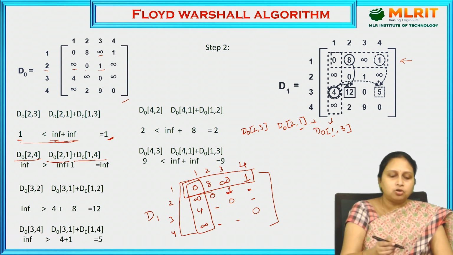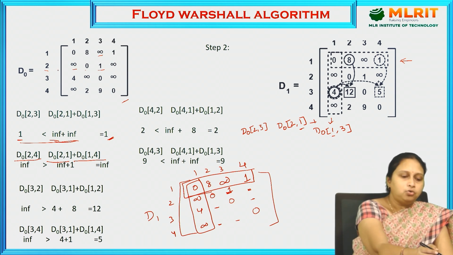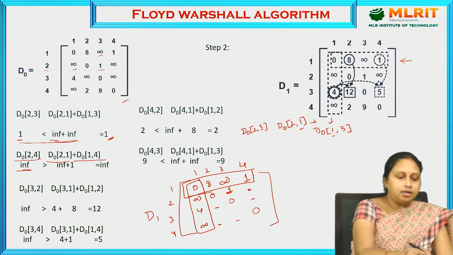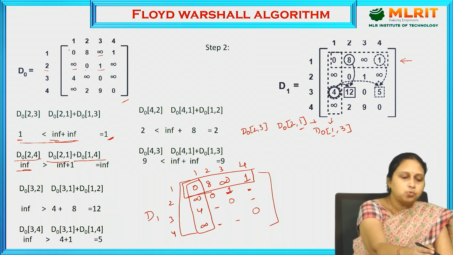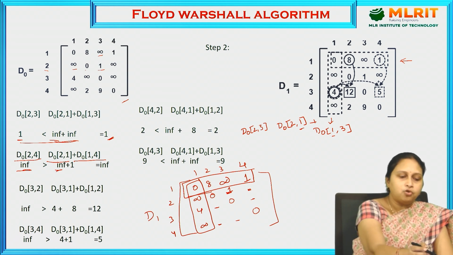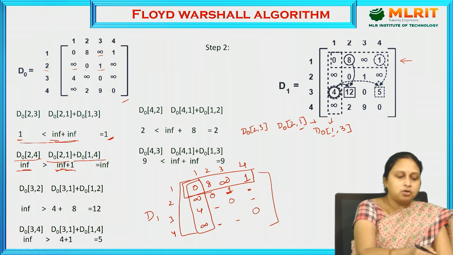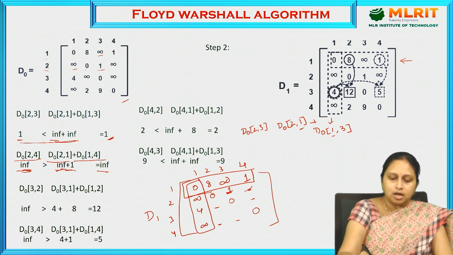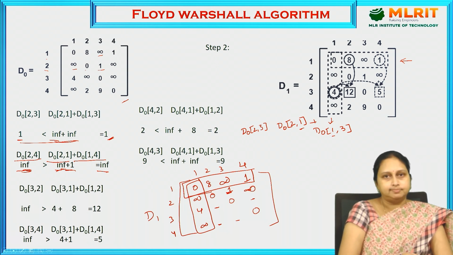What is D0 of 2,4 value? 2,4 value is infinity, right? And D0 of 2,1 value is also infinity, plus D0 of 1,4 value, which is 1. Infinity plus 1 is infinity, almost greater than that. So, we are going to get the value as infinity only. Here I am going to get the infinity value.